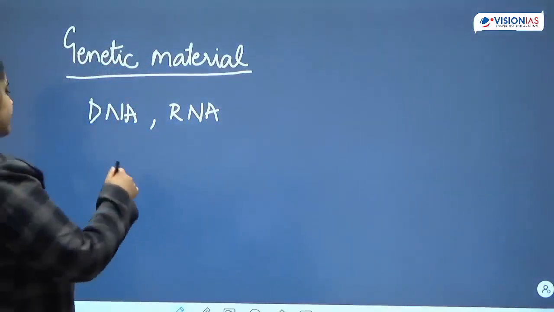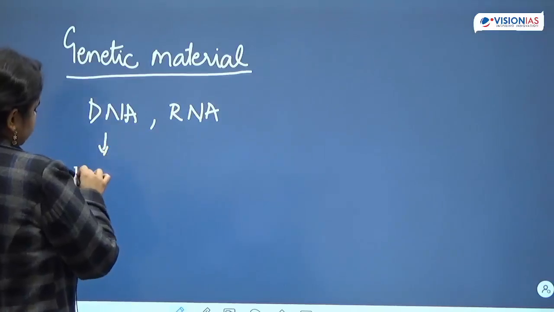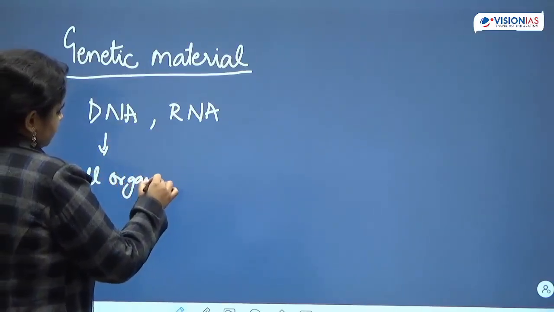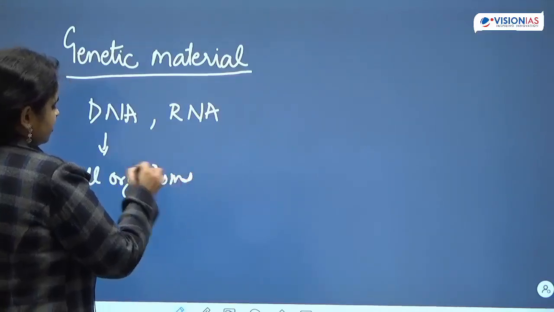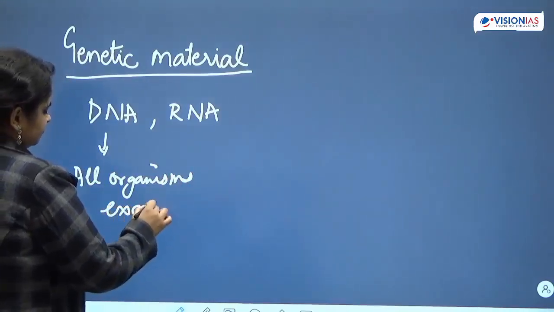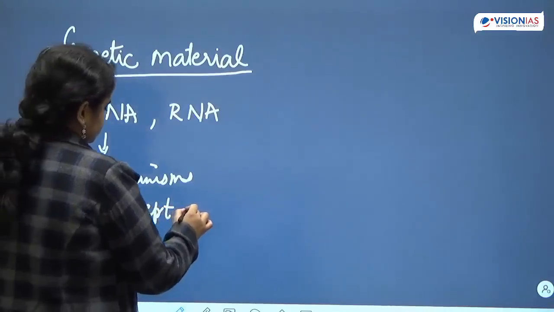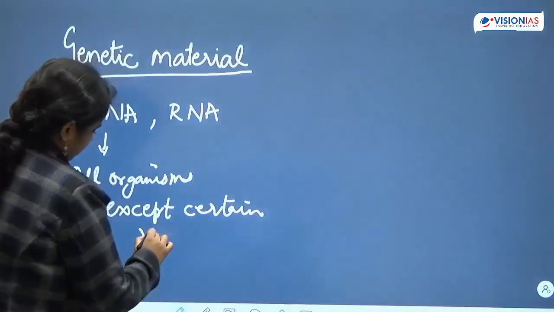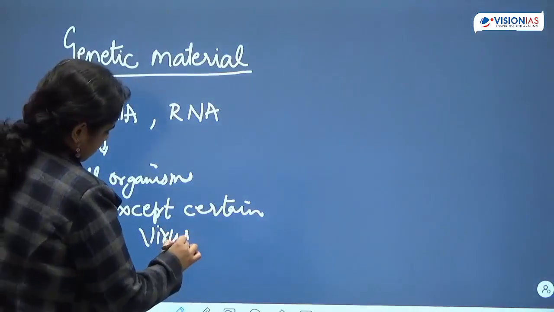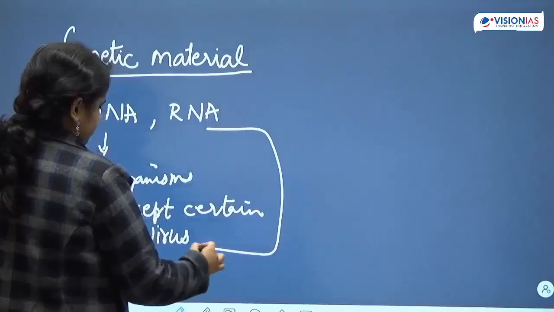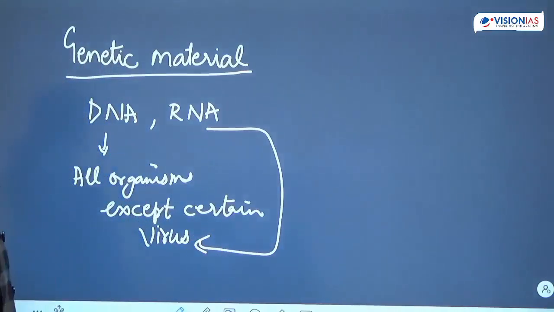All living organisms have DNA as their main genetic material except certain viruses, which have RNA as their main genetic material.